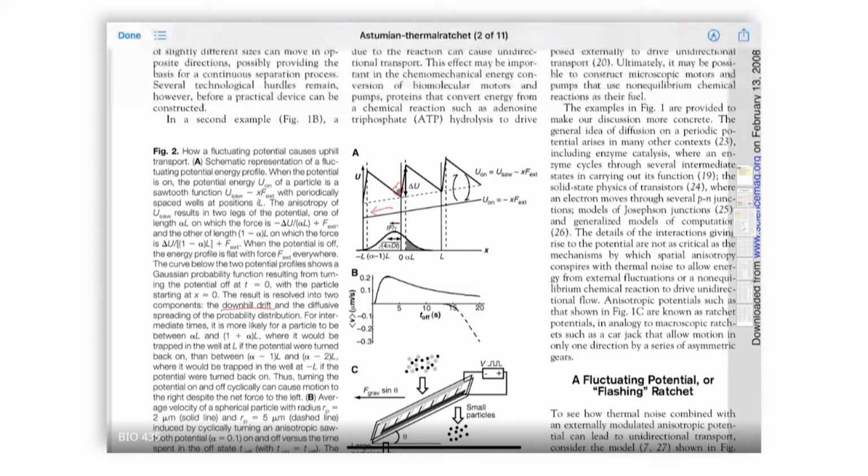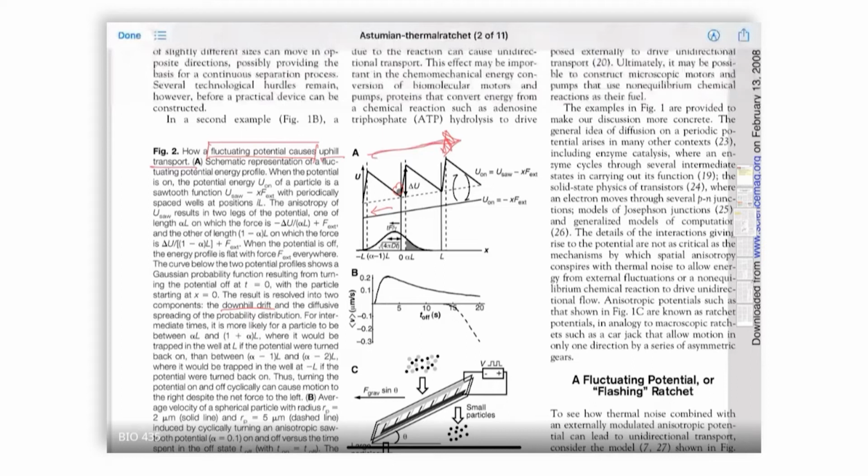Gravity or whatever other gradient that they've set up as a base. And so the energy potential with a so-called fluctuating potential is claimed in this particular figure to be able to result in uphill transport, meaning net transport in this direction.